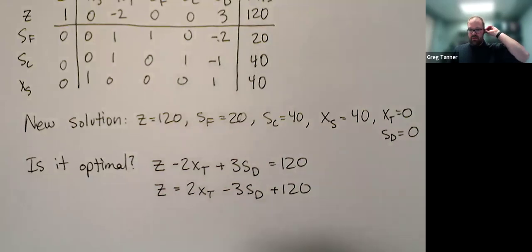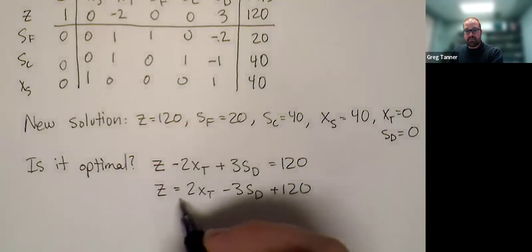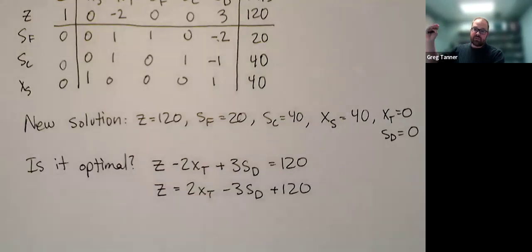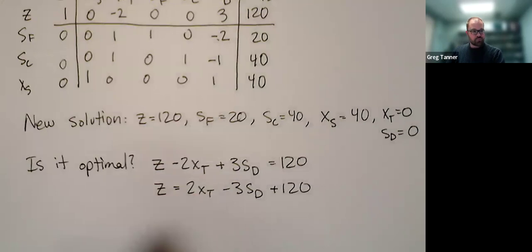Not good. We might have had a hint that this was going to happen, because SD just left our basis and we improved when it left, so we wouldn't want to immediately bring it back in. It wouldn't provide any improvement right now. On the other hand, XT has a positive coefficient, so bringing XT into our basis, increasing it from 0, should increase our objective.